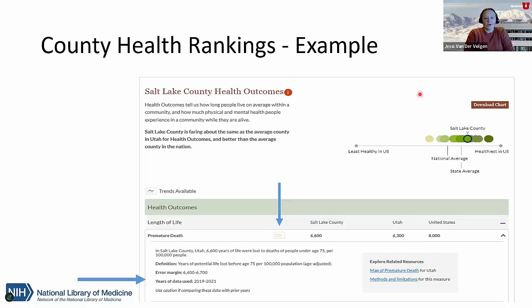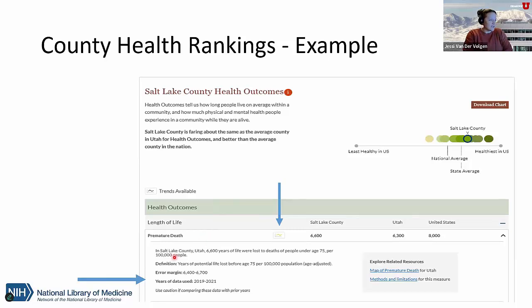Here we go. Okay, so in the upper right, this graphic tells me how my county fares compared to the rest of Utah, so the state average, and the rest of the United States, the national average. And then below, I've selected a particular health outcome, in this case, premature death.